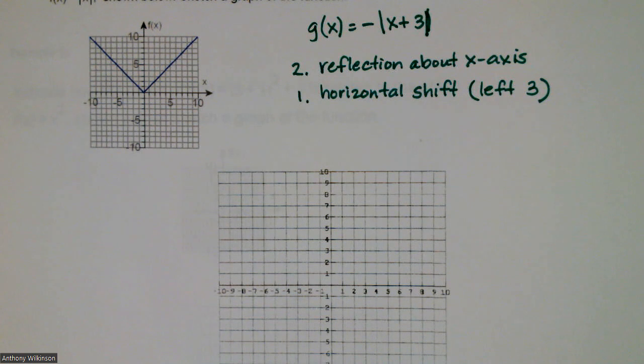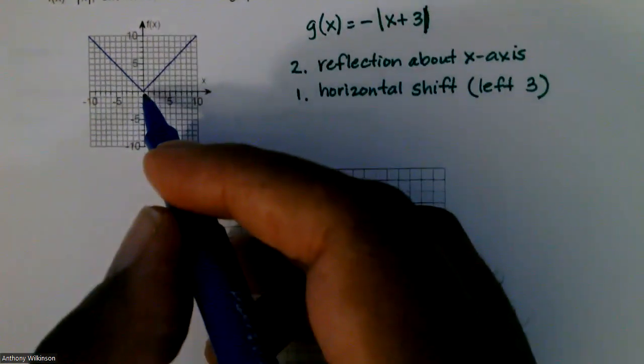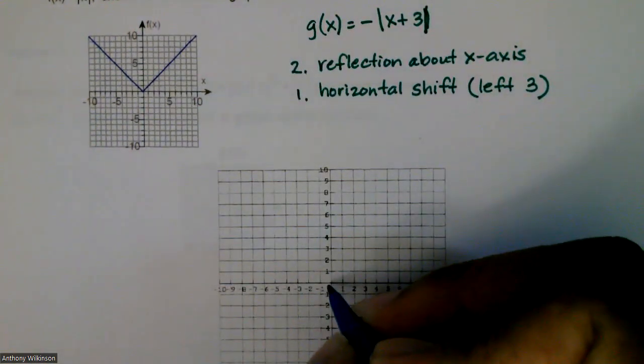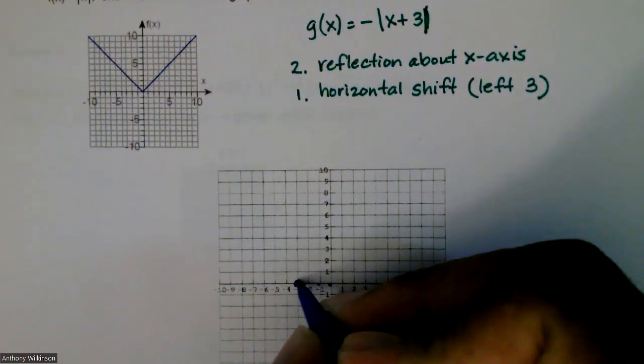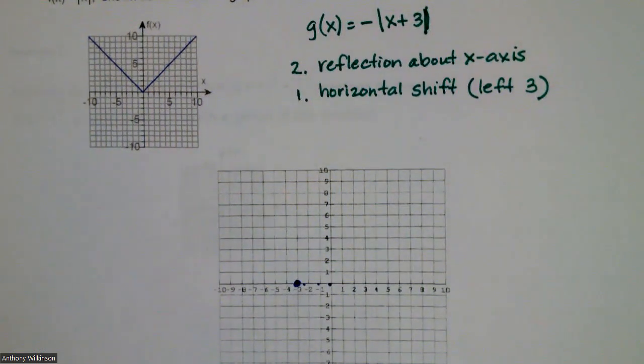That means I'm going to take this graph and move it over to the left 3 places. Okay? So that means that this point right here, let me use a different color, is at the origin 0, 0. So here I need to go to the left 1, 2, 3. So that point would be there.